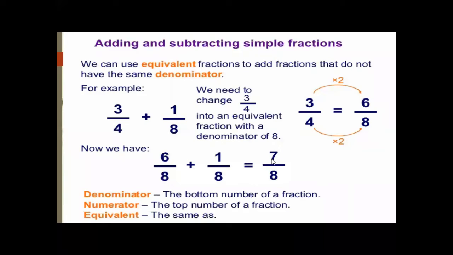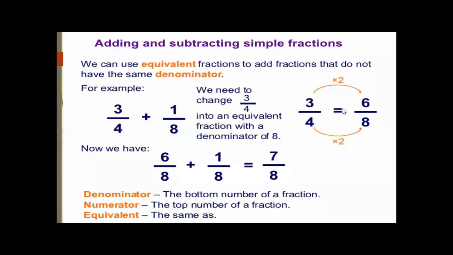How can I convert? By multiplying 4 with 2 to get 8. If I have taken 2 here, I must take 2 in the numerator too. I multiply 3 by 2 and 4 by 2.